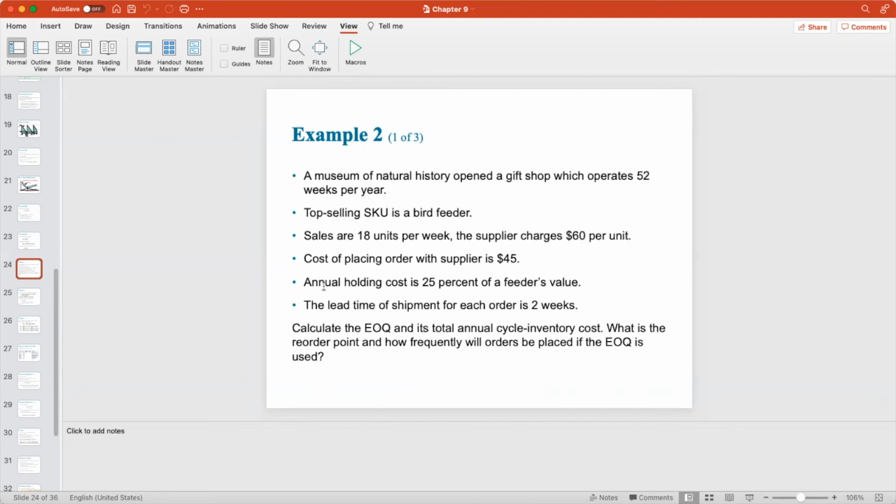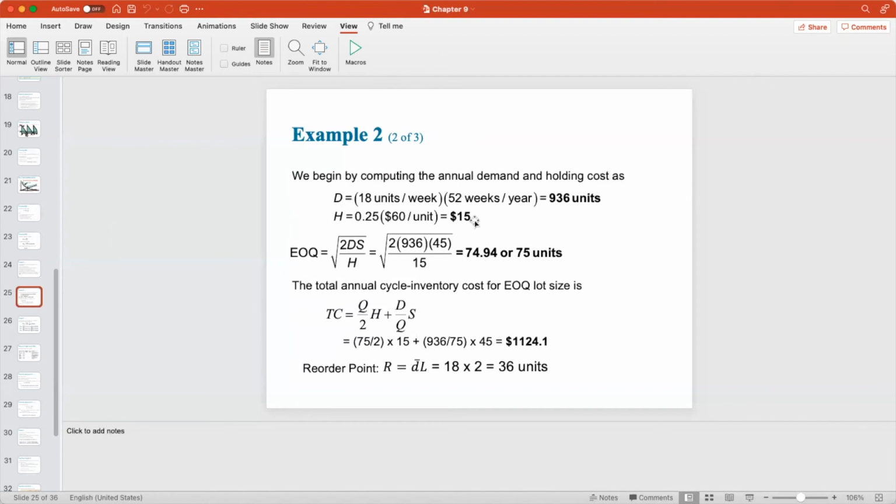So the annual holding cost is 25% of this $60 per unit. That's why, if you look at the equation to calculate the annual holding cost for every specific inventory unit, 0.25 times 60 will give you $15. So if I want to hold one unit of inventory, the annual holding cost for that unit is $15.